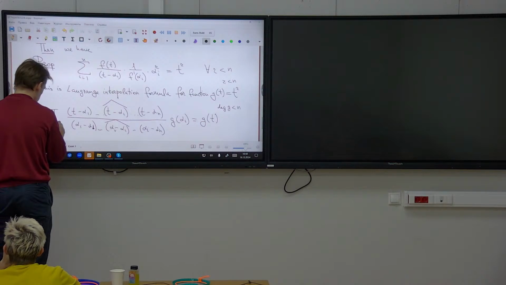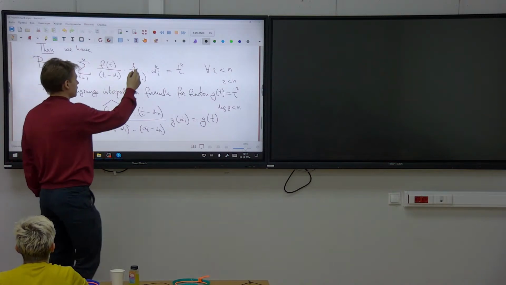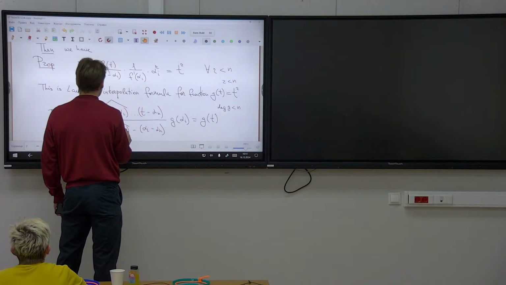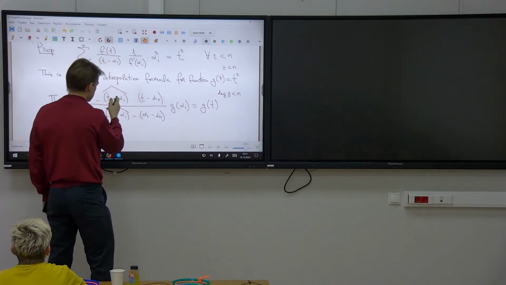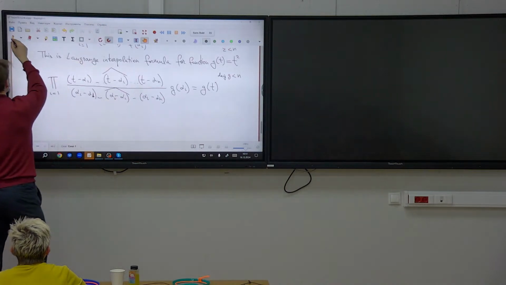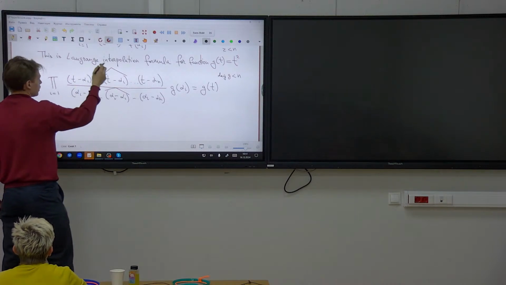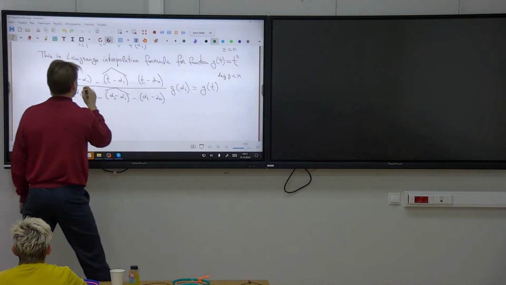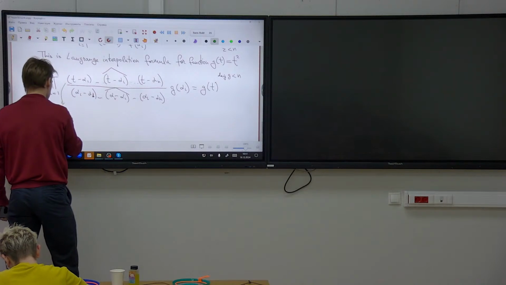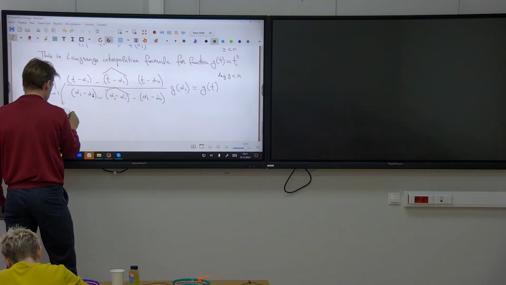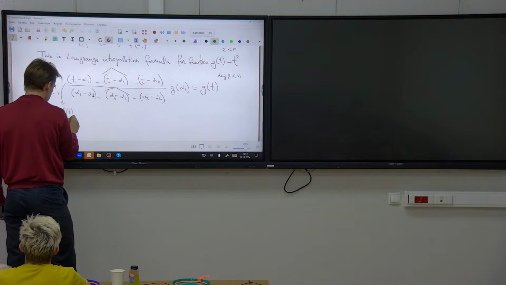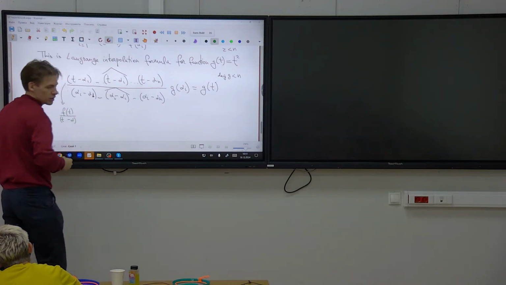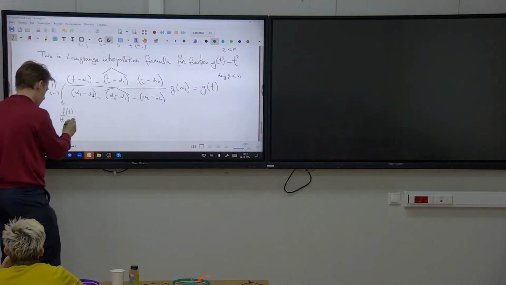And notice that you can view this upstairs polynomial as just f of t divided by t minus alpha, where alpha is the corresponding root.